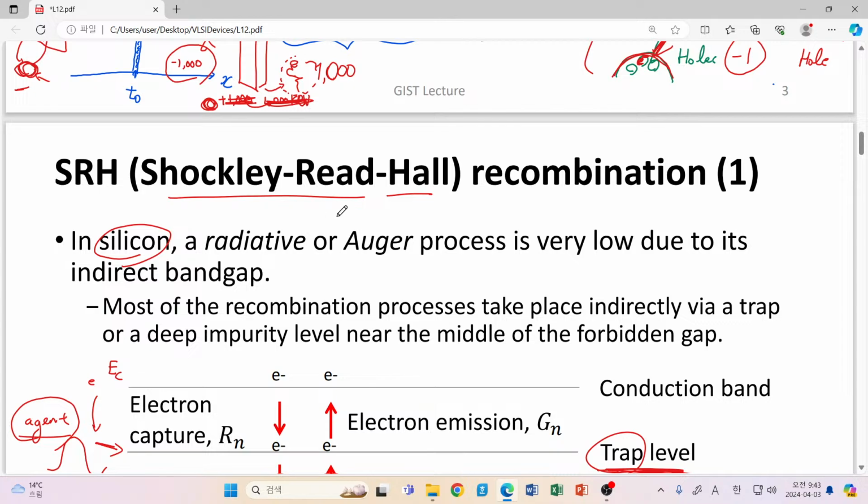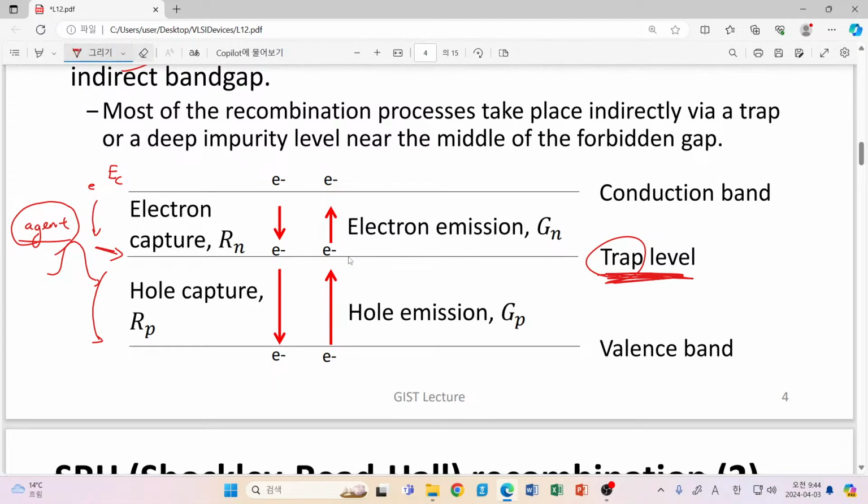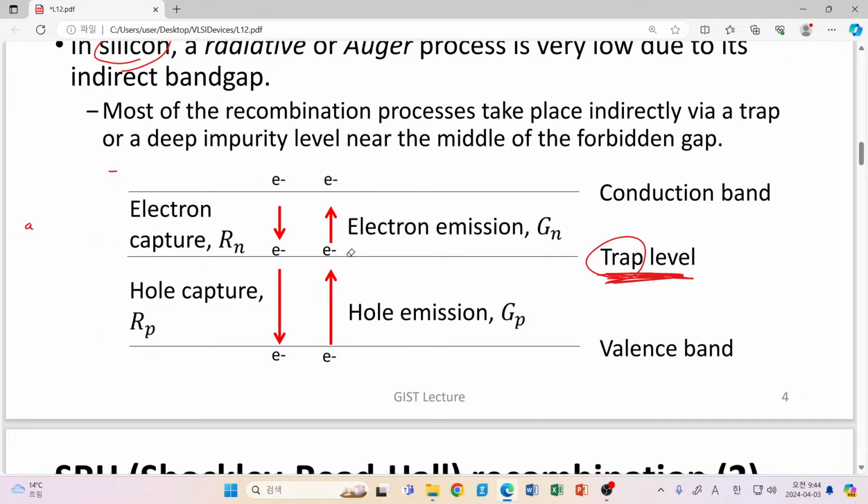Although I have no time to derive the entire procedure, if you are interested, you are strongly recommended to refer to your reference books, because understanding this SRH is very important when you are serious about the modeling of semiconductor devices. But anyway, right now the most important thing is to understand this physical picture.